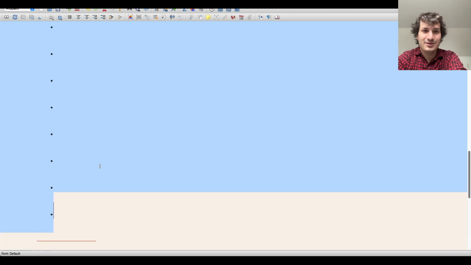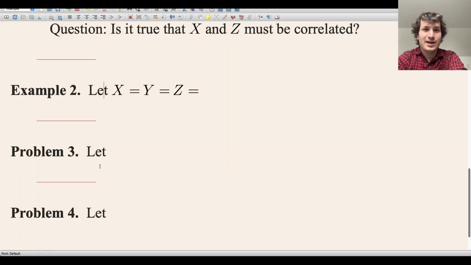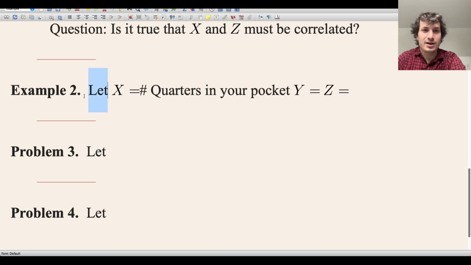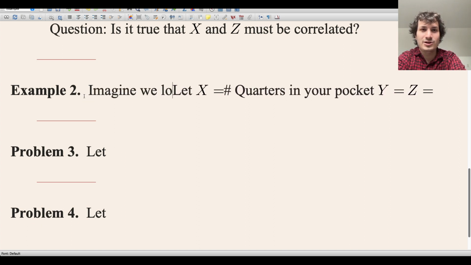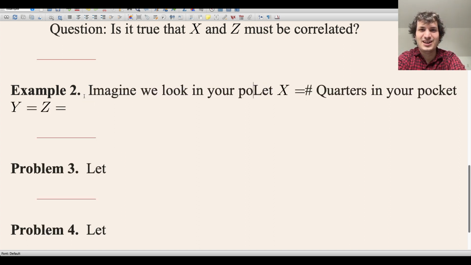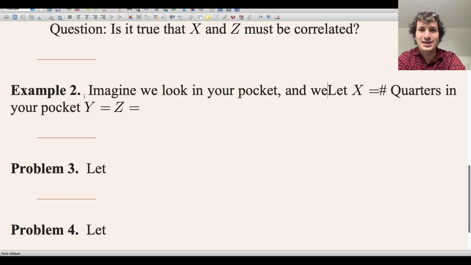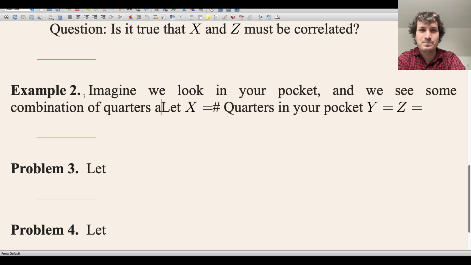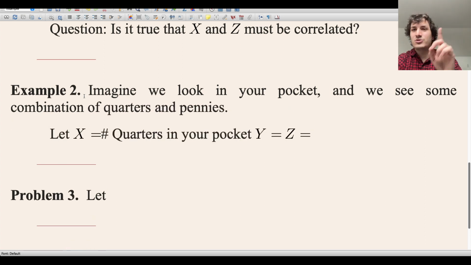And to start with, I'm going to do a little example here. My example is all the way down at the bottom of the page. This is an example that I made where x is going to be the number of quarters in your pocket. Actually, more specifically, let's imagine we look in your pocket and we see some combination of quarters and pennies.